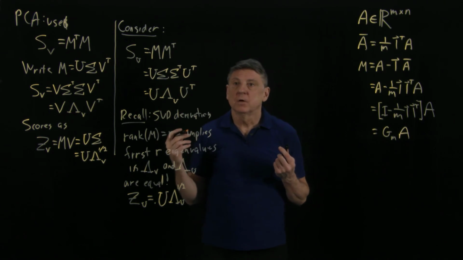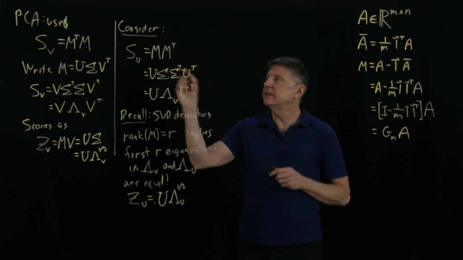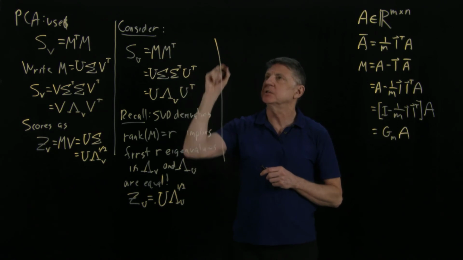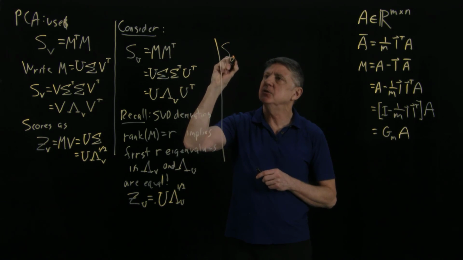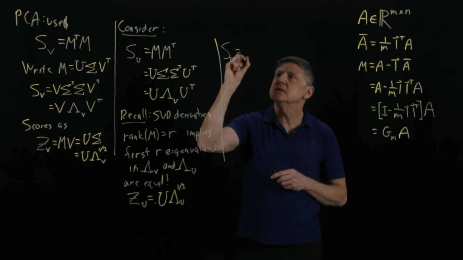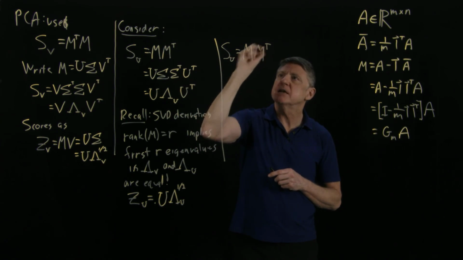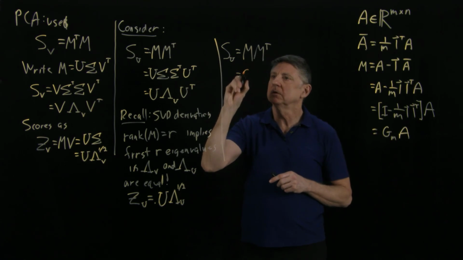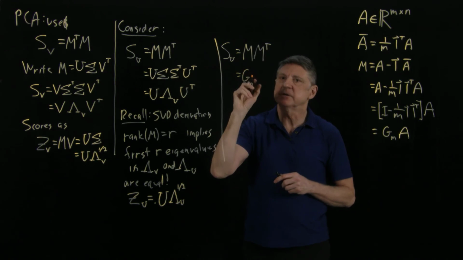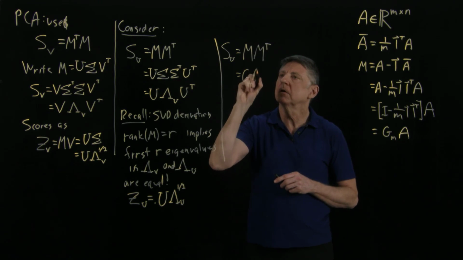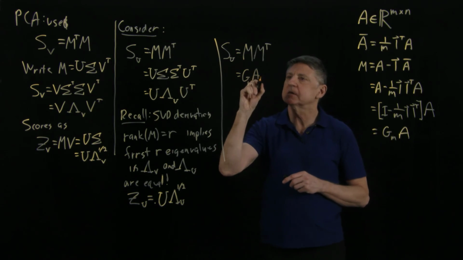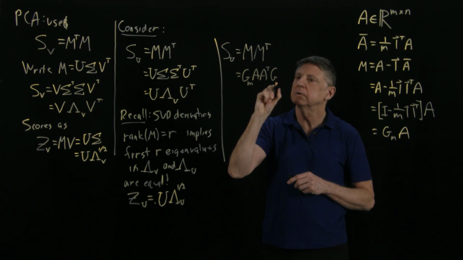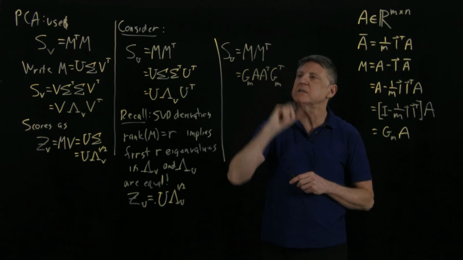So now, how can we rewrite this? Well, let's expand this just a little bit. That S_U, we said, is M M transpose. But now from this result, that has to equal our centering matrix times our data matrix times the transpose of our data matrix times our centering matrix transposed.